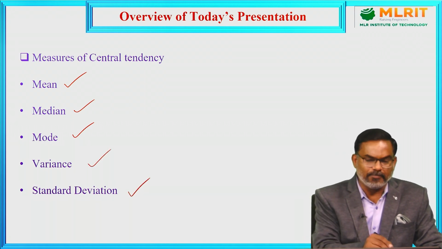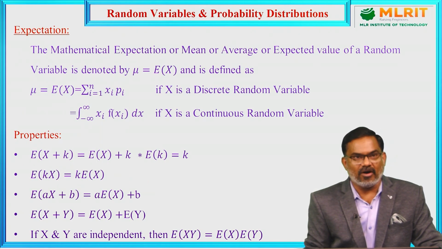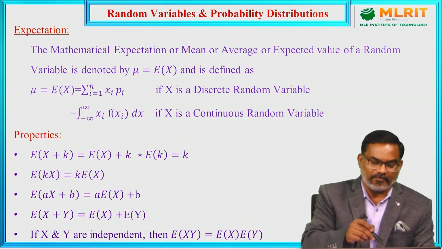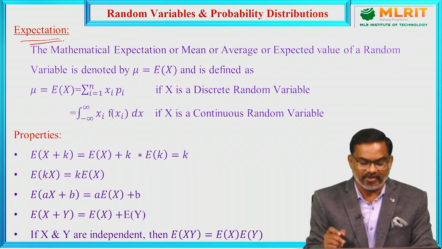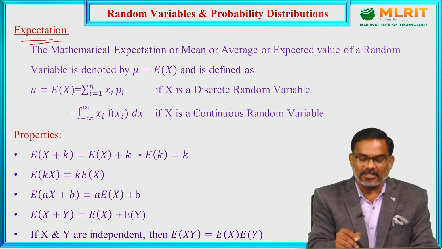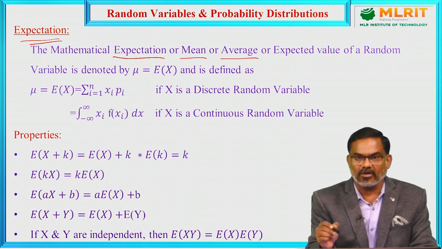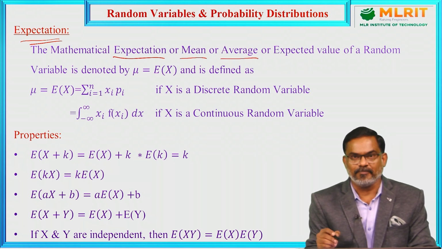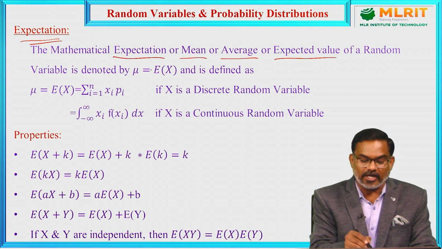We know that the mean is also called the average or expectation. The mathematical expectation, or mean, or average, or expected value of a random variable, all these are one and the same, and it is denoted by mu.